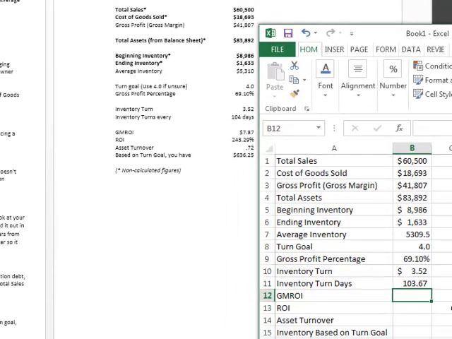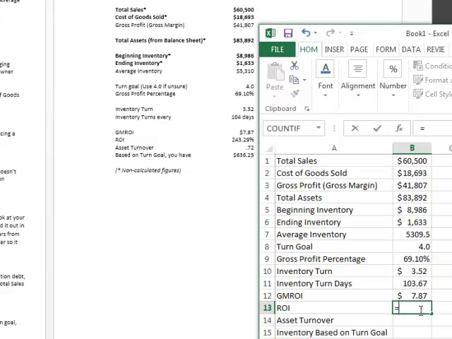Our GMROI, or GMROI, depending upon how you want to pronounce it, I've heard it both ways, equals gross profit, or gross margin, same thing, divided by average inventory. And let's unround a bit so that we have a more accurate figure, 7.87. So for every $1, we're having a return of over $7.